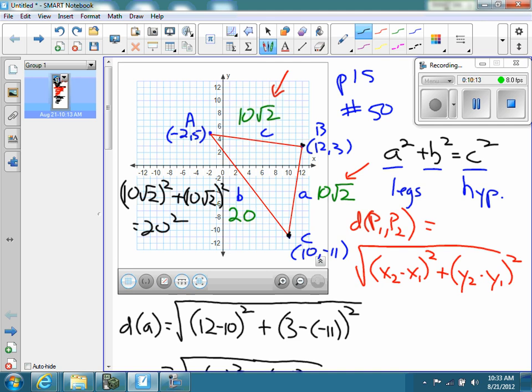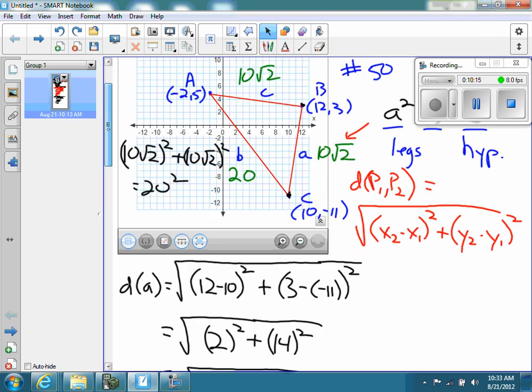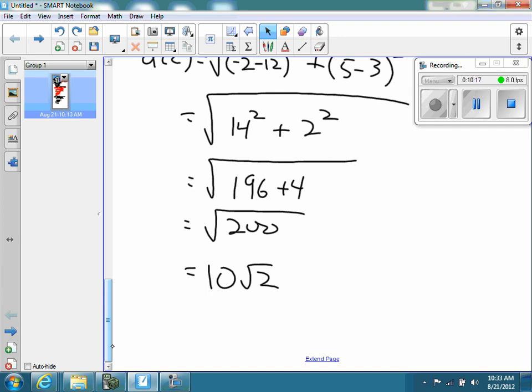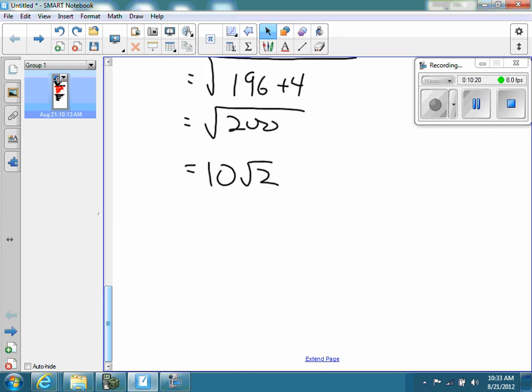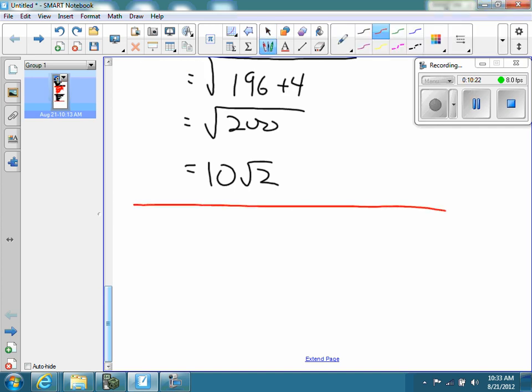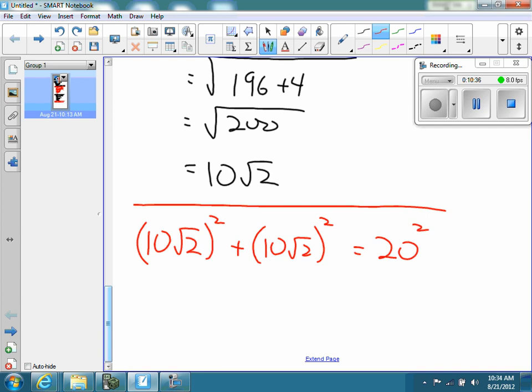So let's go all the way down to the bottom and see if this is actually going to work. I have 10 radical 2 squared, that's one of my legs, plus 10 radical 2 squared. Is that equal to 20 squared? Well, first let's take a look at 10 radical 2 squared.